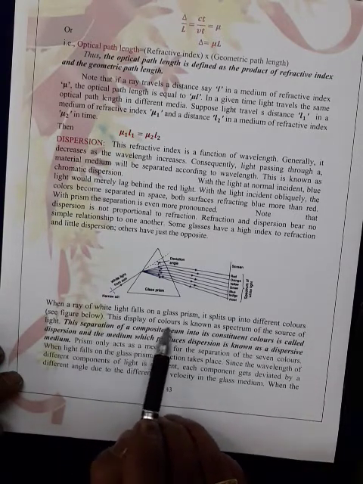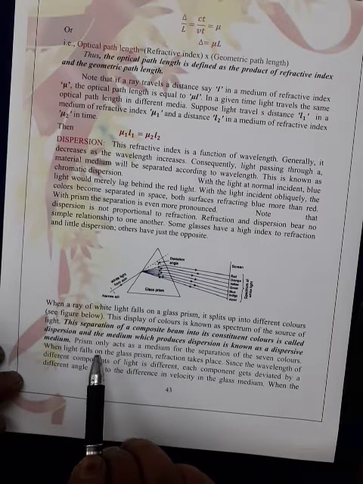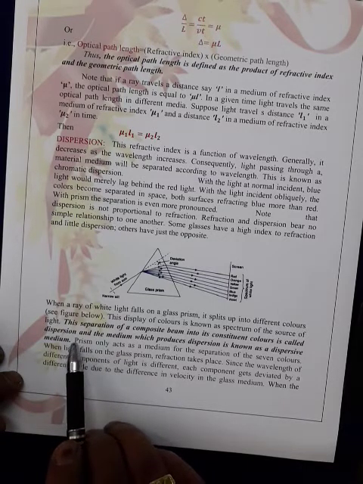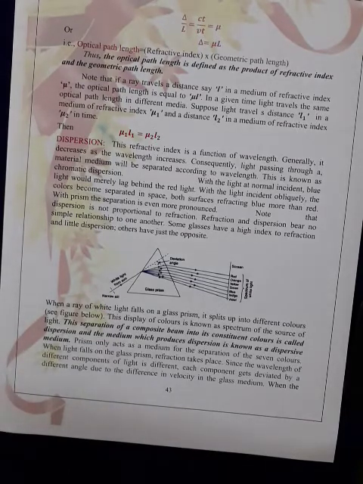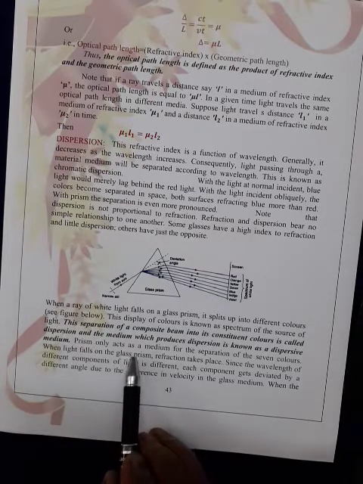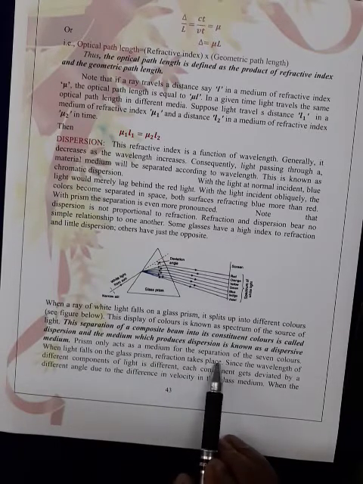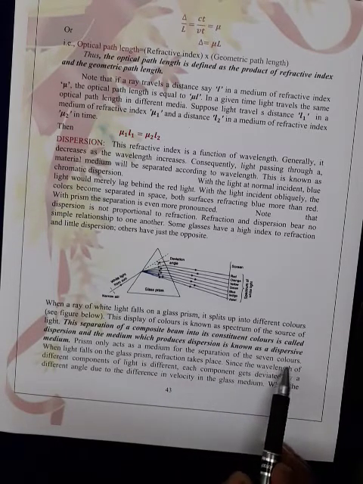This display of colors is known as the spectrum of the source of light. The separation of a composite beam into its constituent colors is called dispersion, and the medium which produces dispersion is known as a dispersive medium. Prism only acts as a medium. Remember this, prism only acts as a medium for the separation of the 7 colors.